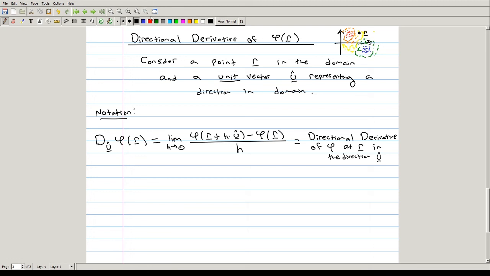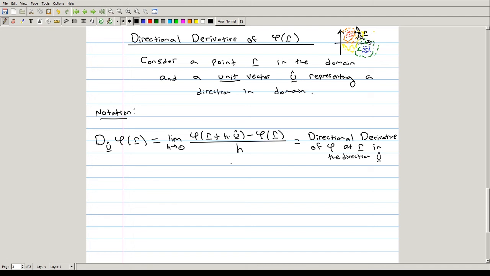R, the rate of change in each given direction, say in this direction u1, or in this direction u2, could be a different value, and in general it is a different value.